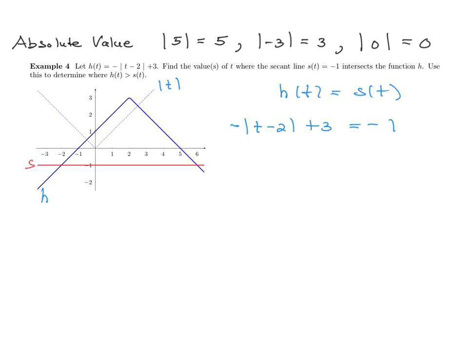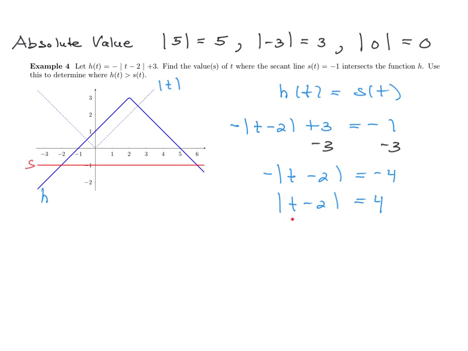So I'm first going to subtract 3 from both sides of my equation. And we get negative t minus 2 is equal to negative 4. Now you can either multiply or divide both sides by negative 1, and that will change this to the absolute value of t minus 2 is equal to positive 4. So essentially, the negative cancels from both sides of my equation.